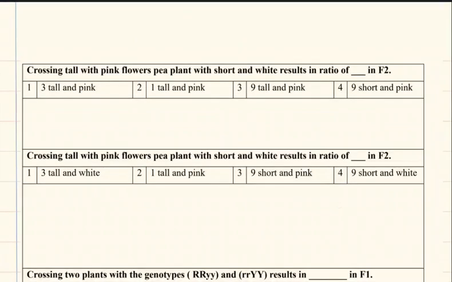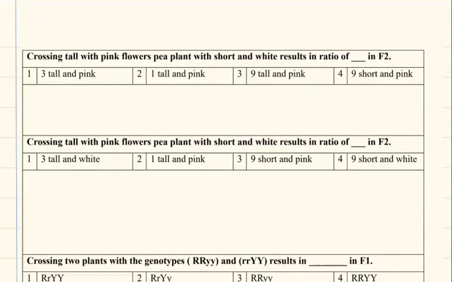Let's look at some questions to understand how to solve these. The question says crossing tall with pink. Now tall is dominant. I have tall, dominant. Pink is dominant. With another short, which is recessive, and white, recessive. So just without doing anything in F2, I'm going to have 9 tall with pink.